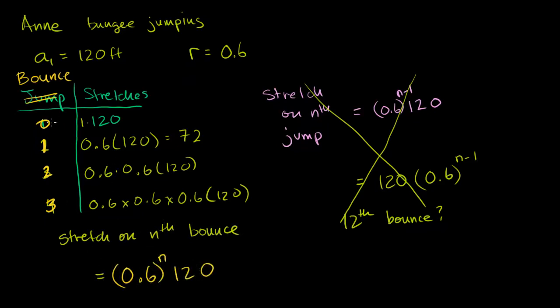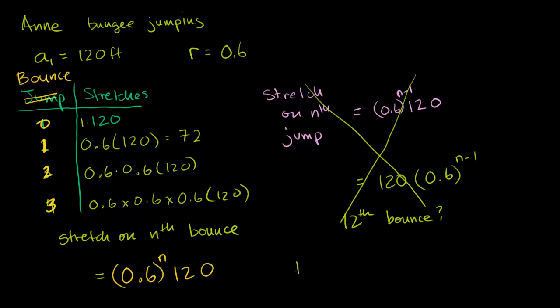Right? On the 0th bounce, that was our original stretch. You get 0.6 to the 0, that's 1 times 120. On the first bounce, 0.6 to the 1, you have 1 0.6 right here. 0.6 times the previous stretch, or the previous bounce. So this has it in terms of bounces, which I think is what the questioner wants us to do.